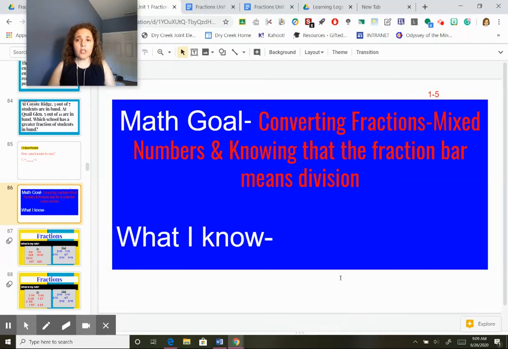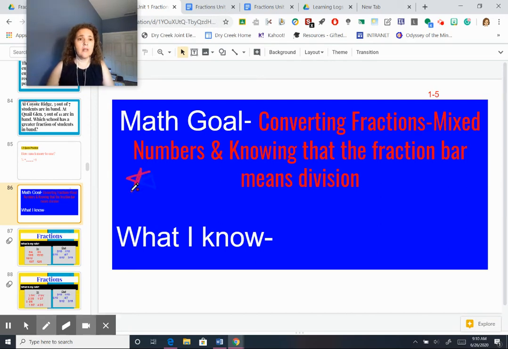Okay, so today our math goal is converting fractions, mixed numbers, and knowing that the fraction bar means division. Now, this one is very, very important. So make sure that you really pay close attention to this one because this one is a biggie.